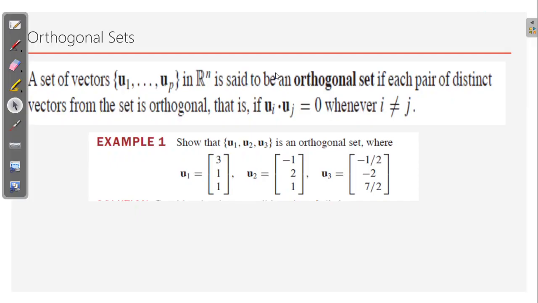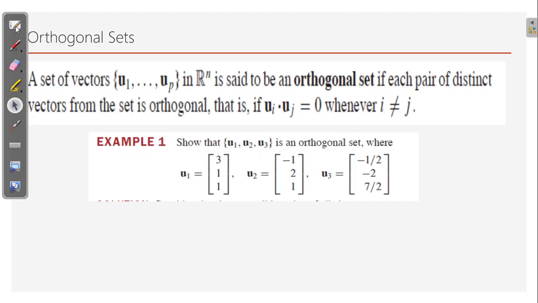Let me explain with this example. Example 1: show that the set u1, u2, u3, which are vectors in R3, is an orthogonal set.